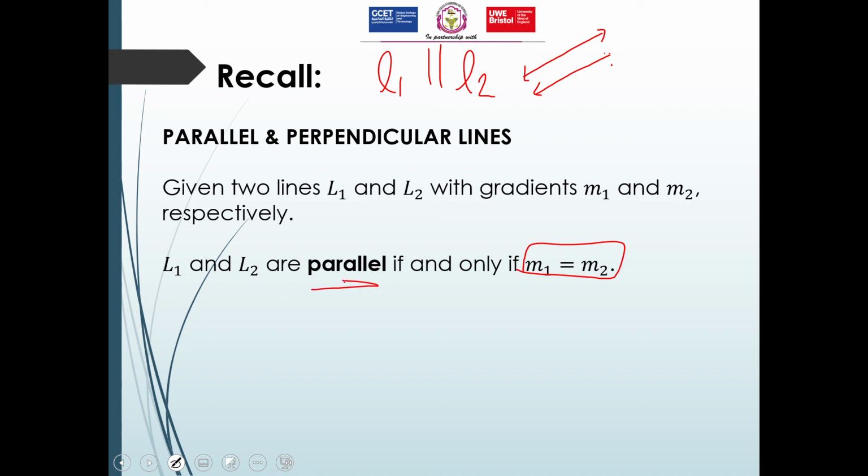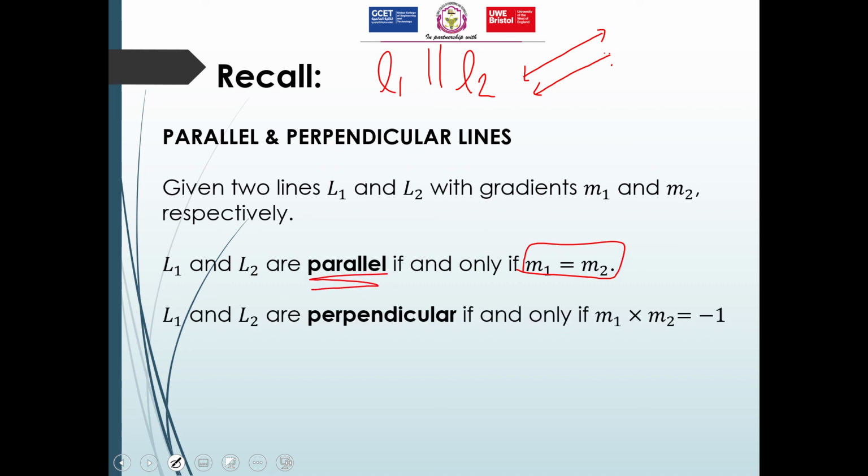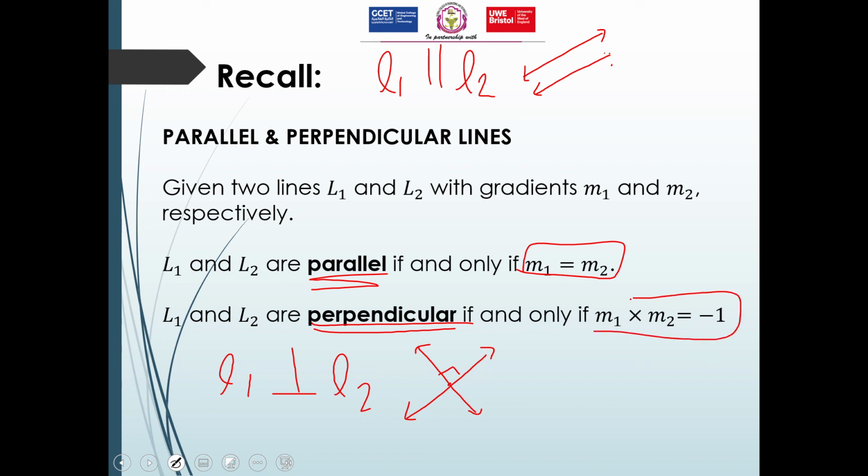Now, they are perpendicular, line 1 perpendicular to line 2, meaning 2 lines where they intersect, they meet at one point, forming 90 degrees, so they are perpendicular, if when you multiply their gradients, the result should be negative 1.